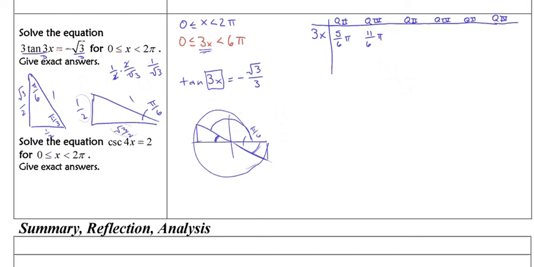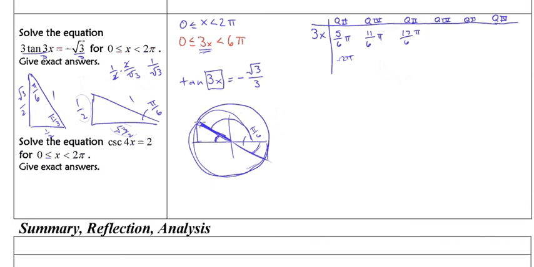To get to quadrant 2 again, we would add 2 pi, because from that first angle we're going to go one full time around, which is 2 pi. 5/6 pi plus 12/6 pi is going to be 17/6 pi.